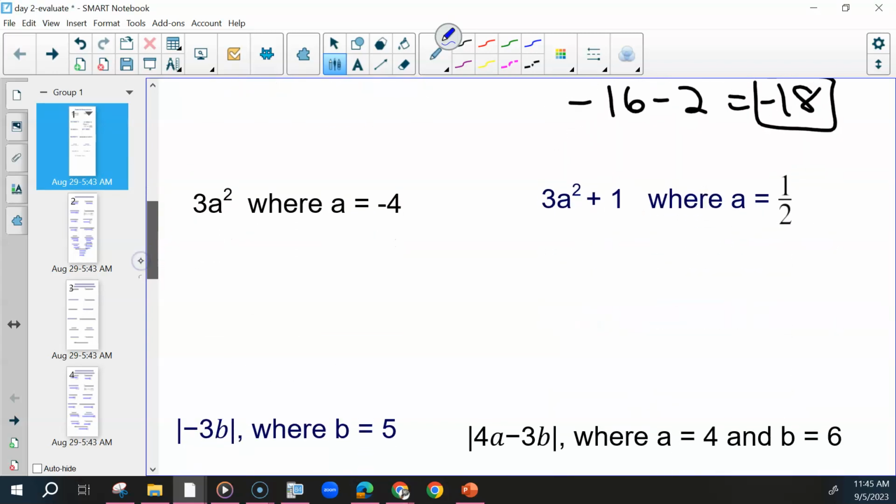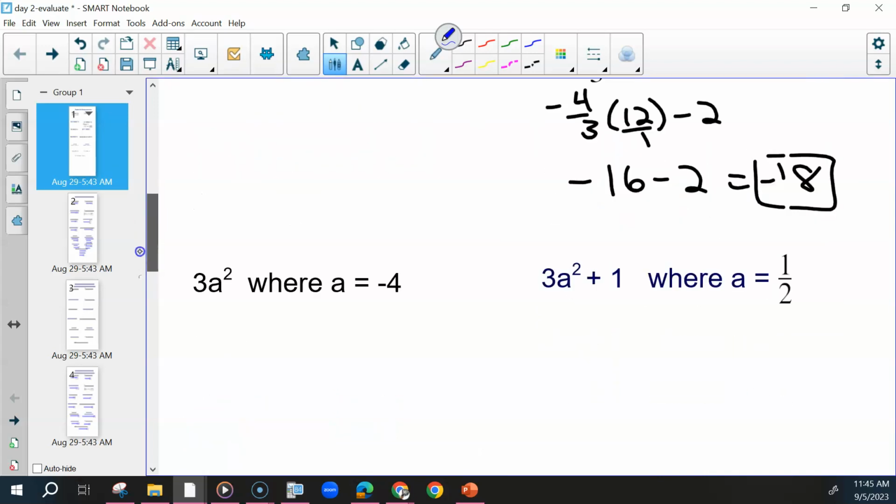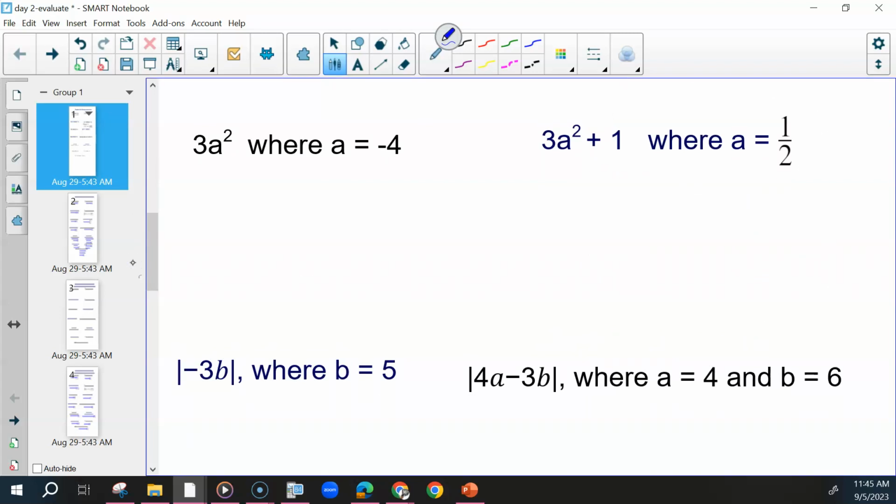Alright, let's do another. 3a squared plus 1, where a is 1/2. So we're going to put 1/2 in for a, use parentheses. The square is going to go outside of those parentheses. And then order of operations. What are we doing first?